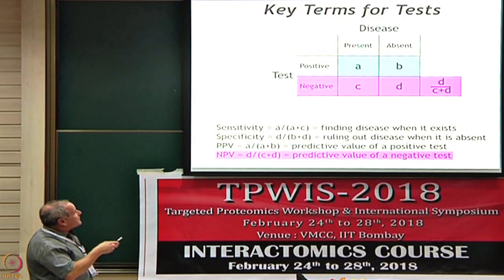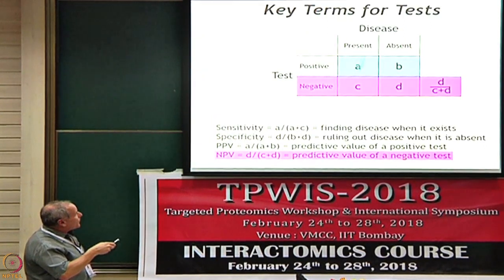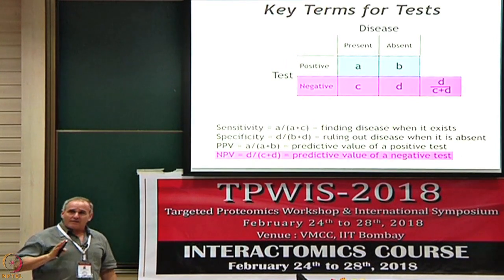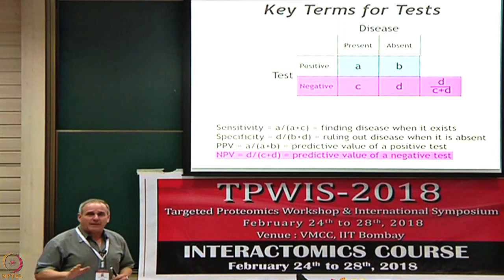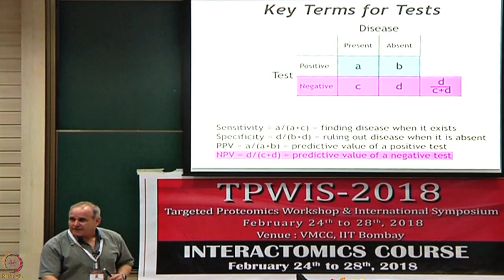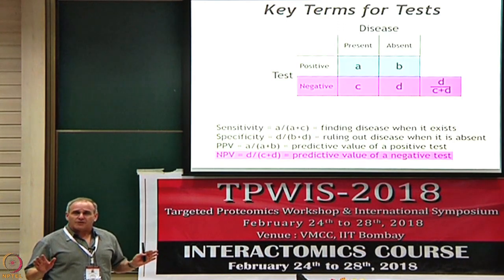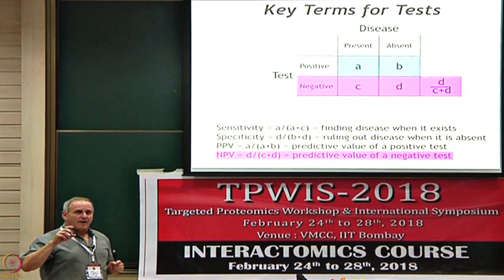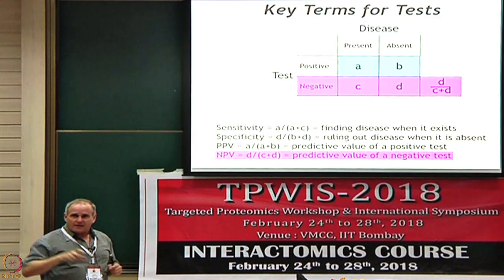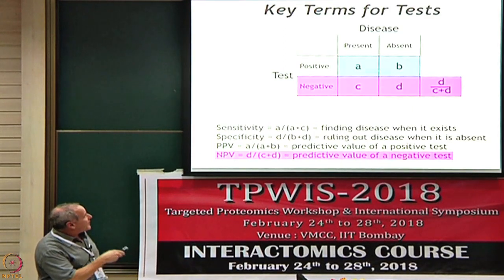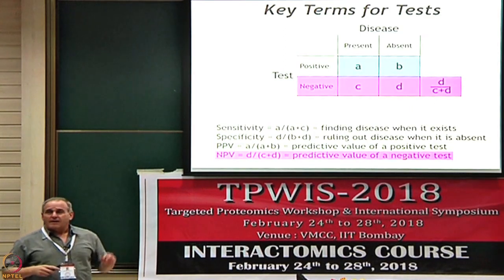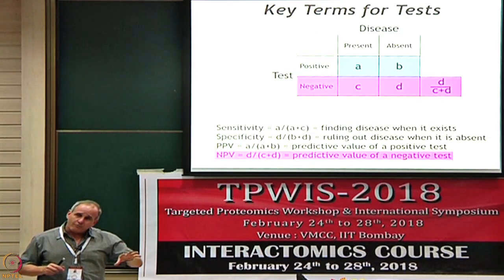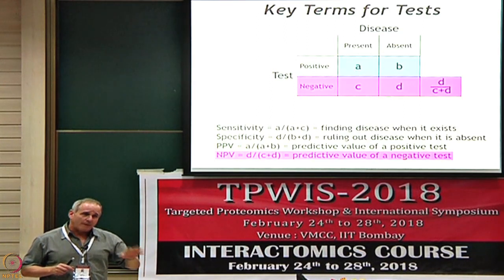Remember that sensitivity and specificity were down in these columns here, right? Those terms do not depend on the population. It doesn't matter how often the disease occurs for them. They strictly measure the value of the test on whatever specific population they're being tested on. But positive predictive value and negative predictive value, they depend on how often the disease occurs. And I'm going to walk you through that in a minute, but it's really important to remember that.